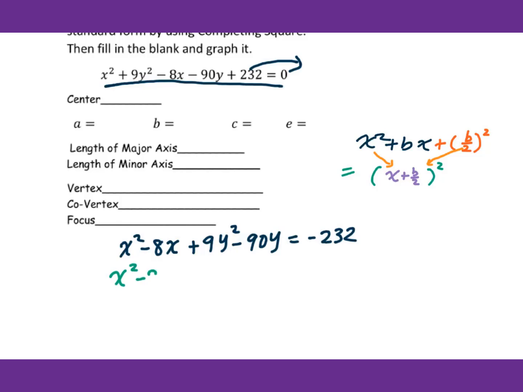Then we have to complete the square. X squared minus 8x, you need to add b over 2 squared. That is negative 4. For y, you need to take 9 outside. Y squared, negative 90 divided by 9, that's minus 10y. Then you need to add b over 2 squared here. That is negative 5.